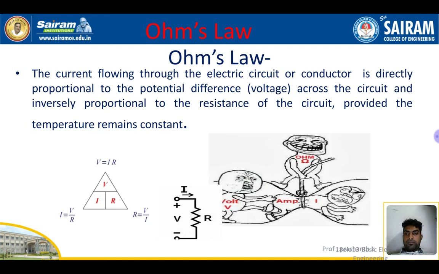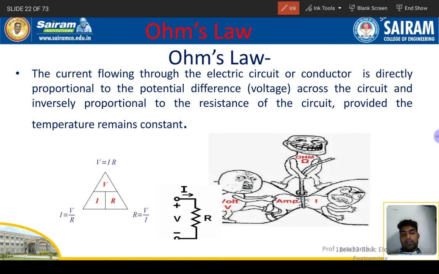Ohm's law: current flowing through the conductor is directly proportional to voltage and inversely proportional to resistance of the conductor, with temperature remaining constant, considering two ends of the conductor. Just consider two ends, here and here, then only it is applicable, otherwise it won't be applicable to any electrical circuit.